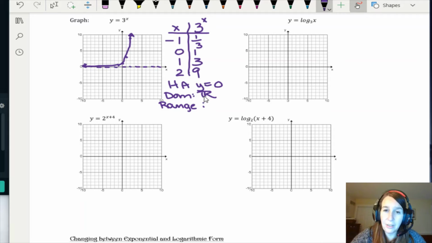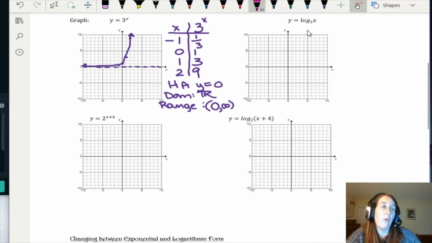I like to write the little fancy R because it's fun, but you can also do negative infinity to infinity in parentheses. Now the range. Notice that there's nothing in the y values below 0, and the range doesn't actually hit 0, so it's a parenthesis. It does not include 0. It starts right after 0, and then it goes up forever. So that's 0 to infinity.